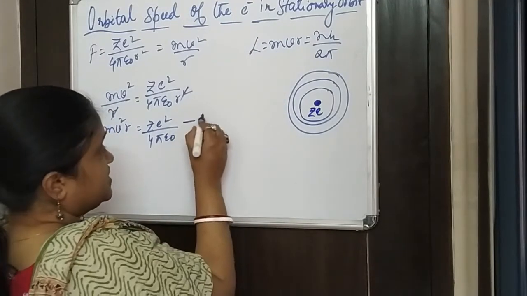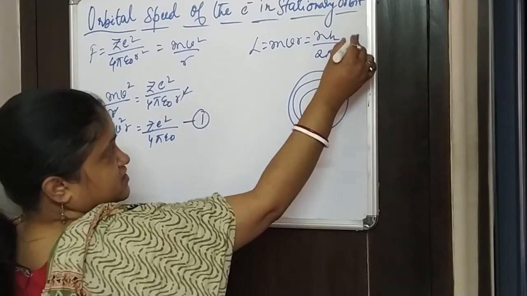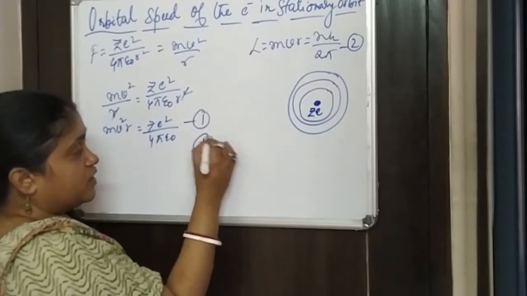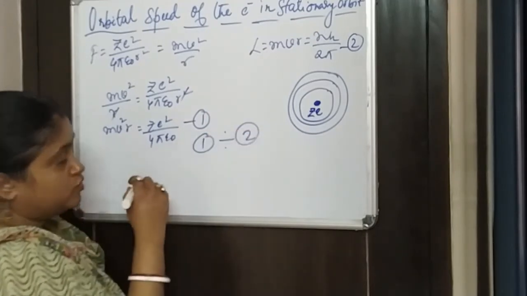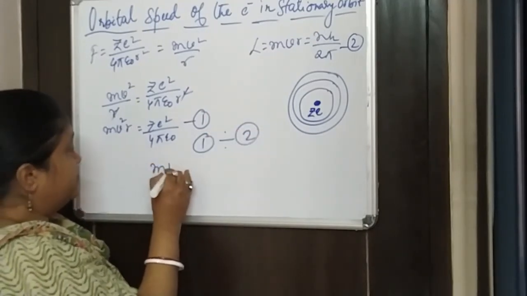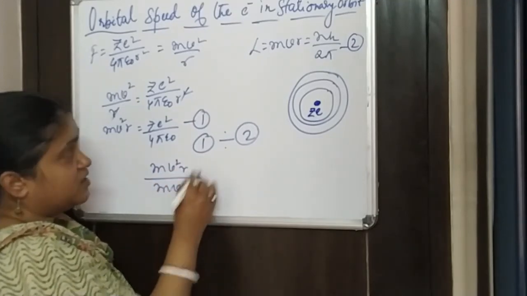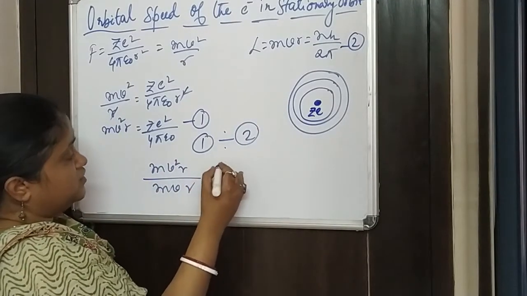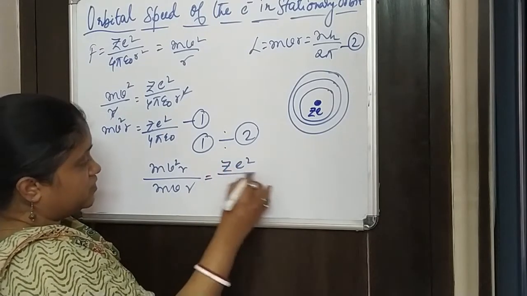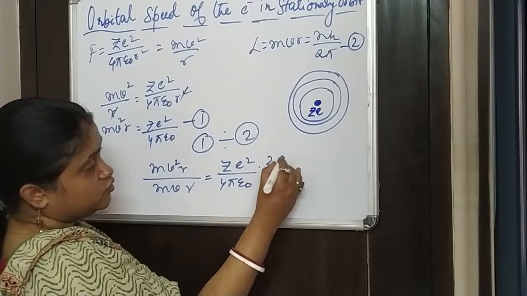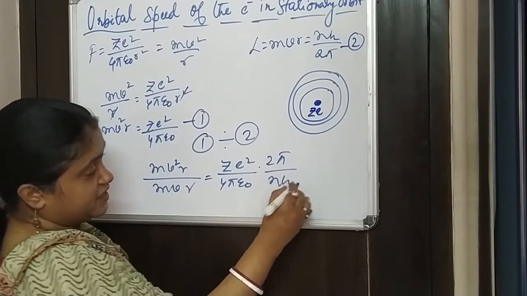So taking this as the first equation and this as the second equation, we will just divide 1 by 2. So mv square r by mvr is equal to Ze square by 4 pi epsilon naught, and this becomes 2 pi by nh, right?